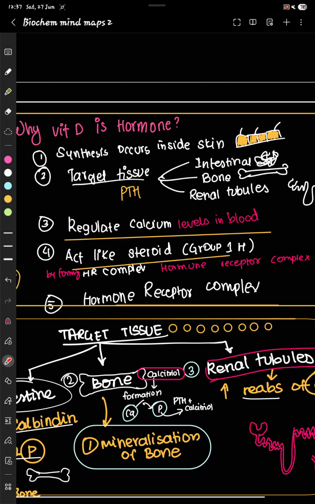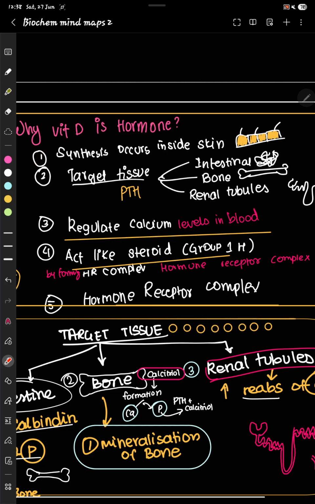Hormones are synthesized in our own body, and unlike other vitamins which must be taken from outside through diet, vitamin D is endogenously synthesized. Hence we can say that vitamin D is a hormone because its synthesis occurs inside our own body. The first point.